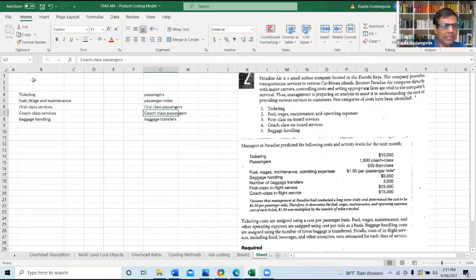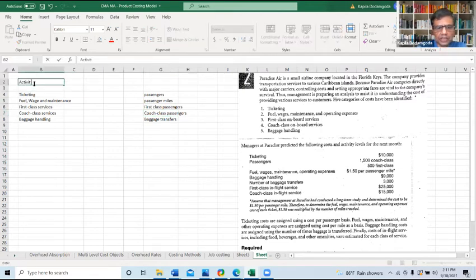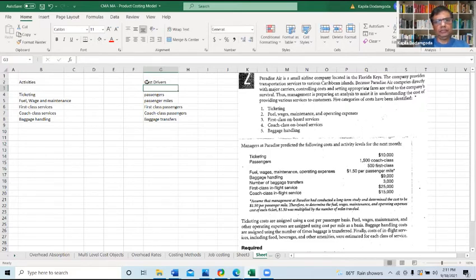So very broadly speaking, we have identified the activities here, and the cost drivers here, right? This is what we have identified.